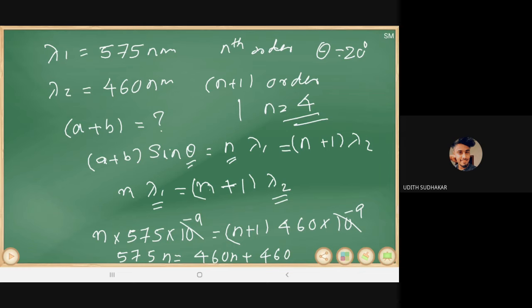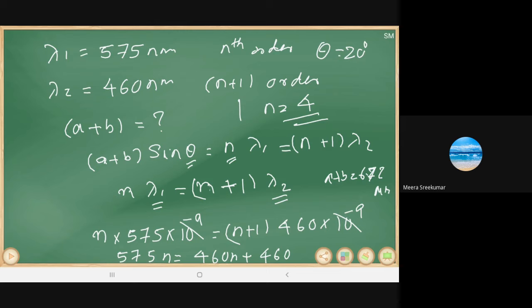Did you get it? 6.72 micrometer. 6.72. So A plus B is equal to 6.72 micrometer. Okay, then it may be correct. Anybody else?